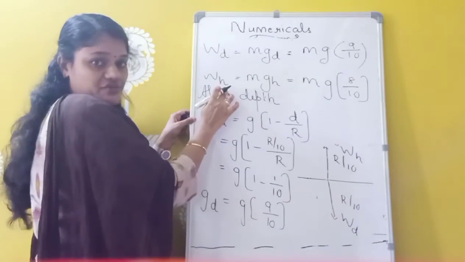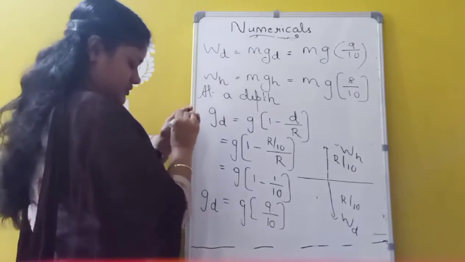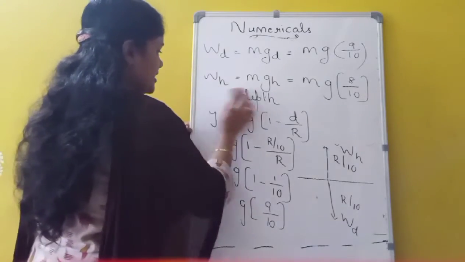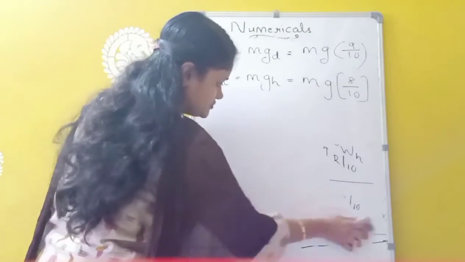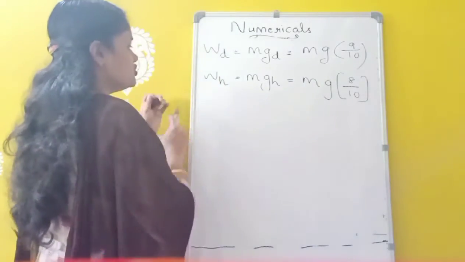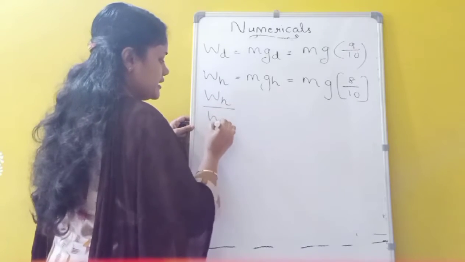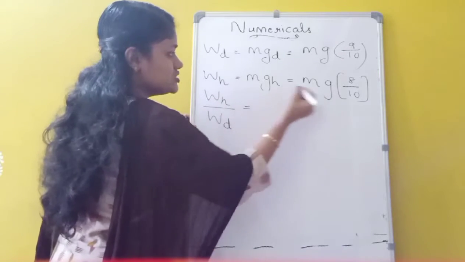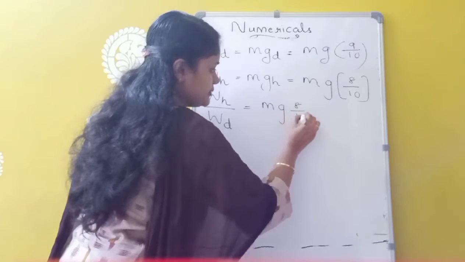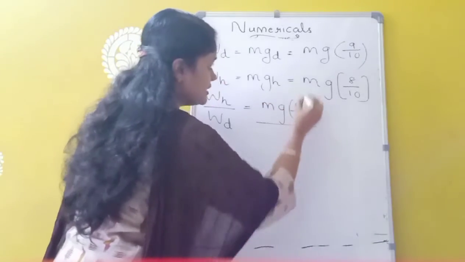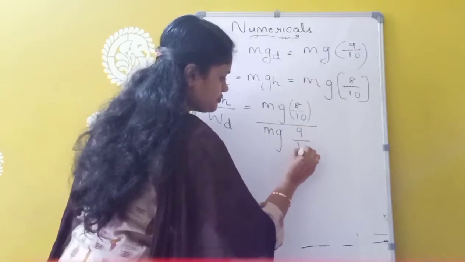So what we have to find is the ratio of W_h to W_d. W_h is given as well as W_d is given. So we have to find W_h divided by W_d, that means the ratio. So what is W_h? m g into 8 by 10, the whole divided by m g into 9 by 10.